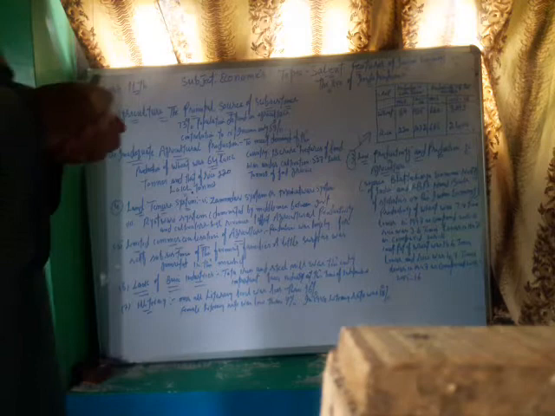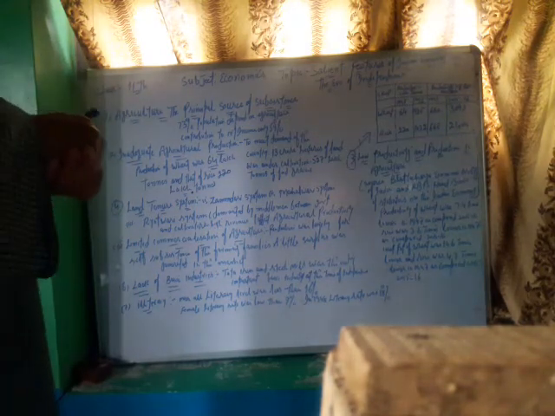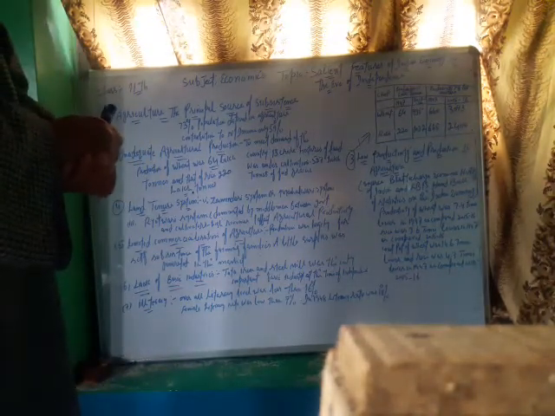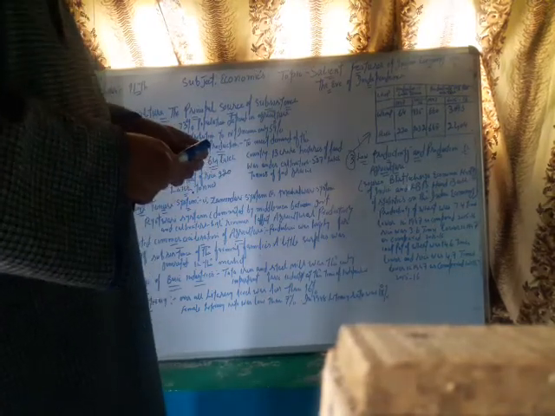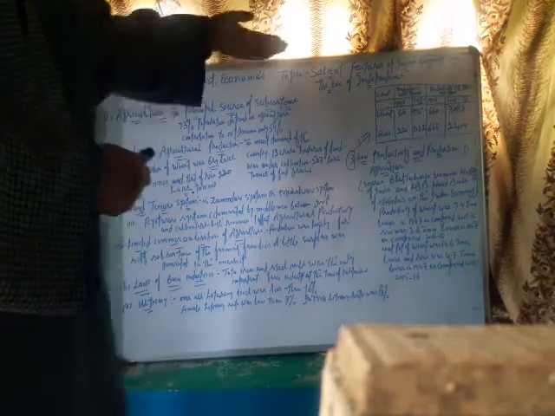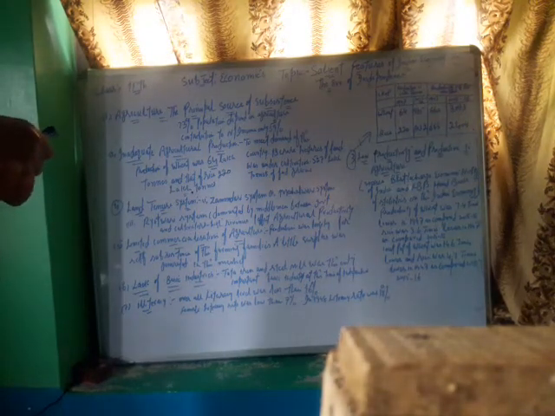Our third point is low productivity and production in agriculture. We can explain it with the following table. The first column of the table is crop.